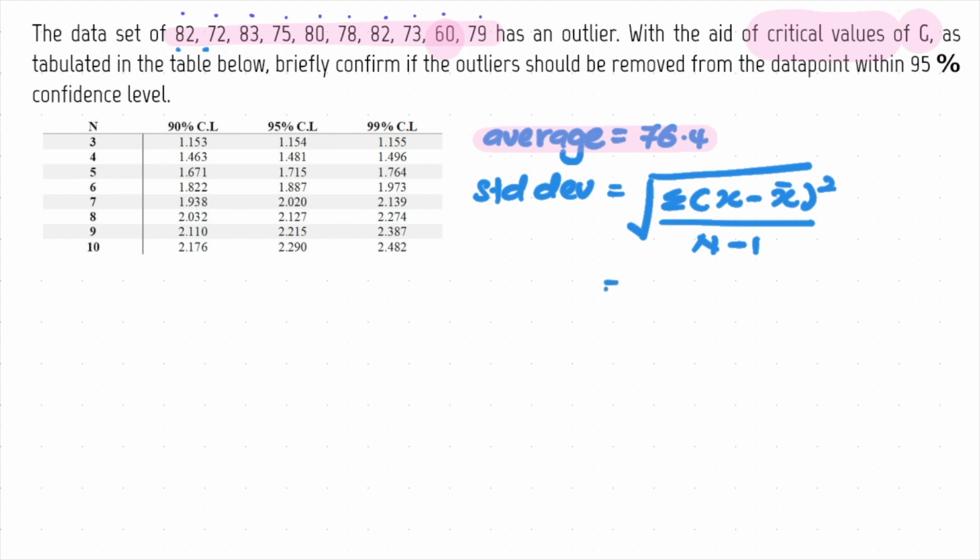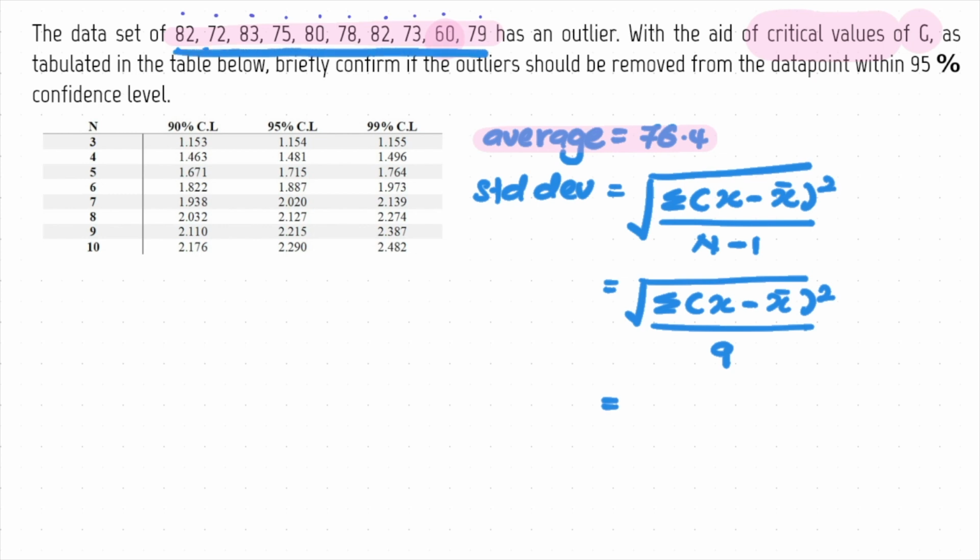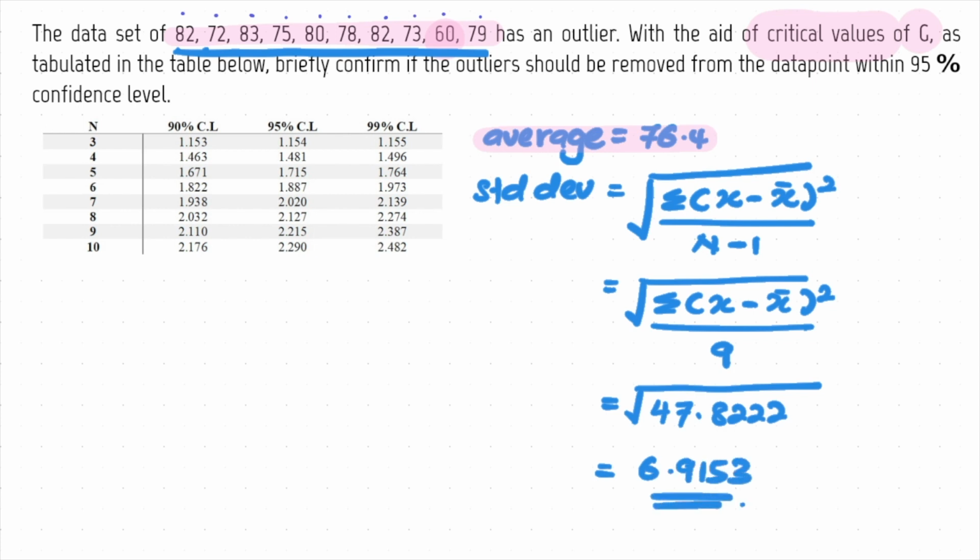So 10 minus 1 is equivalent to 9. Basically you need to do the calculation one by one for all these values. You should get the standard deviation as the square root of 47.8222. Therefore, you will get your standard deviation equivalent to 6.9153.